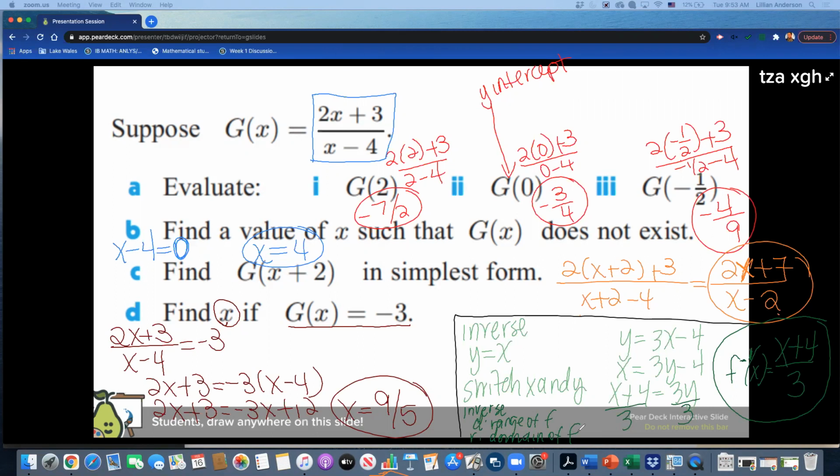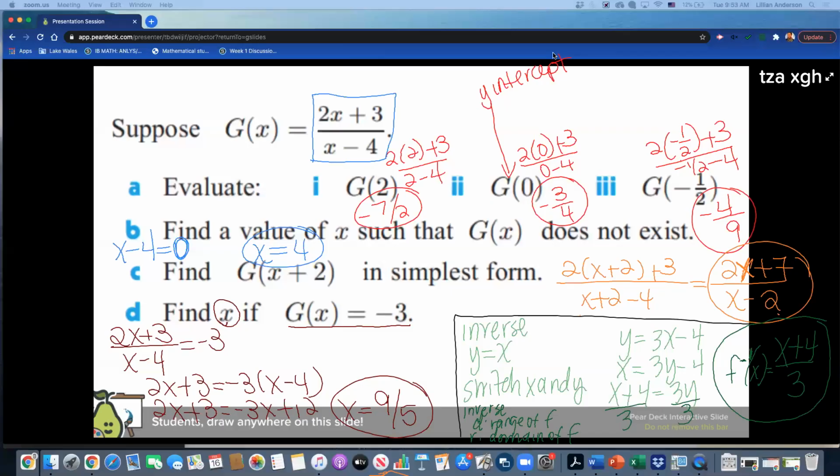Wanted to highlight that real quick. Let's say for this particular problem, we have 2, -7/2. We had 0, -3/4. And then we had -1/2 and -4/9. Those are all the points on the original function. So then on our inverse, again, all we do is we just switch x and y, but we don't change the sign.